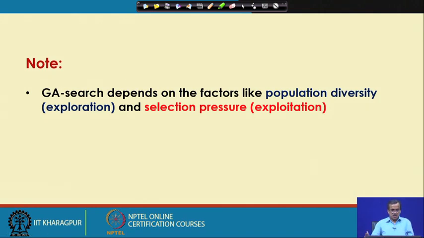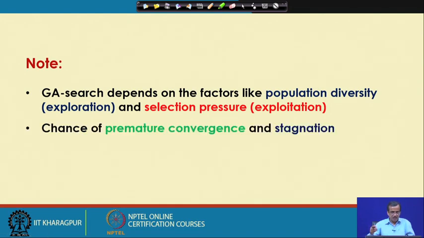Now, here I am going to put one note. The GA search depends on factors like population diversity, that is nothing but exploration, and selection pressure, that is nothing but exploitation. To discuss this further, let me take one example.